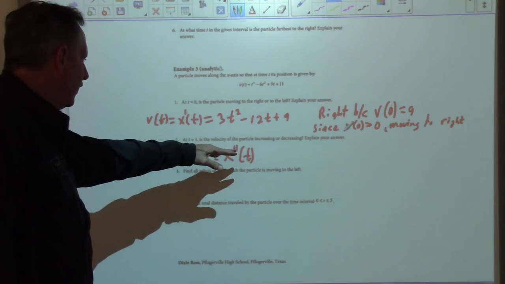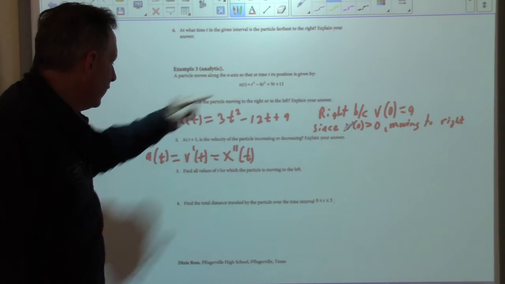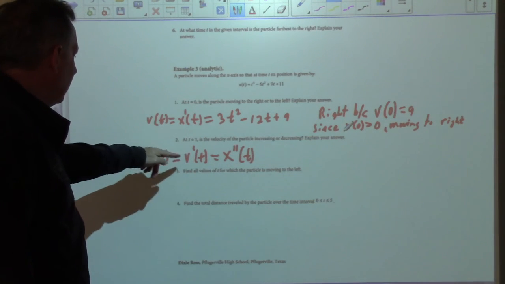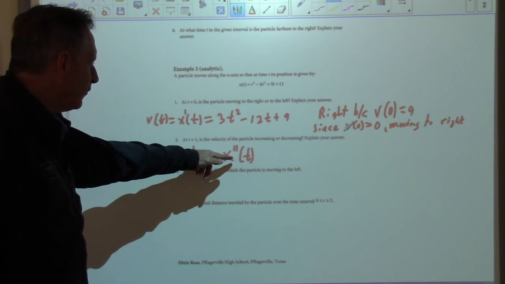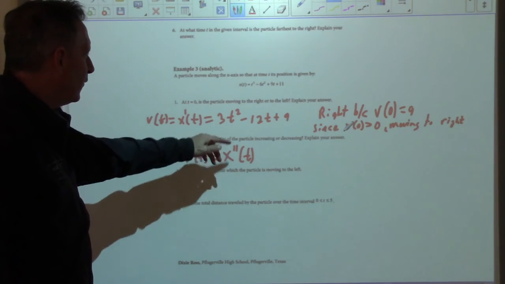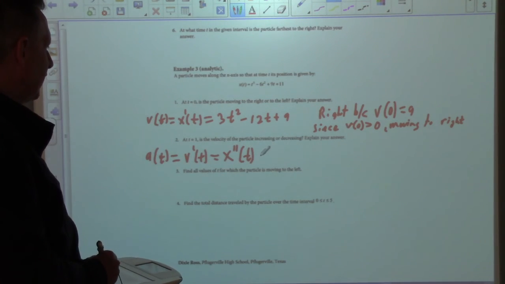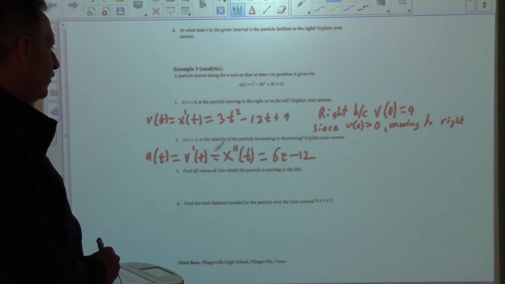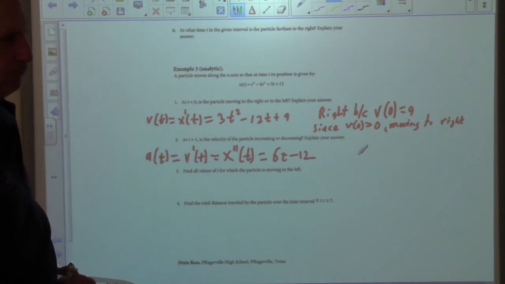Velocity is the first derivative of position, and acceleration is the first derivative of velocity, yet the second derivative of position. So we take the second derivative, which is going to be 6t minus 12. And then we're asked, at t equals 1, is the velocity of the particle increasing or decreasing?